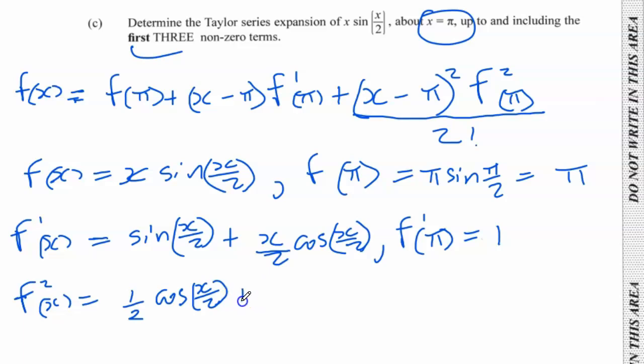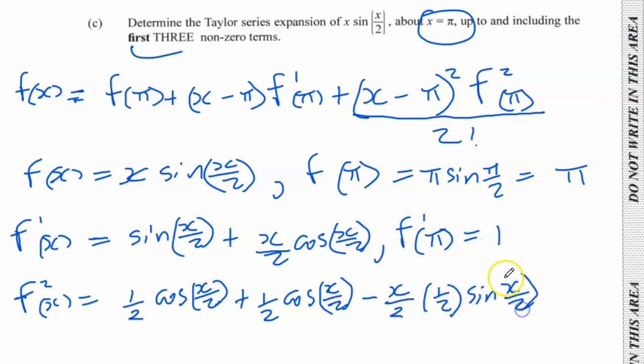So differentiate half x, we get half, and we put back the cos x over 2. Now we're going to keep the x over 2, but differentiate cos, which is minus sine. So it's minus half x sine x over 2.